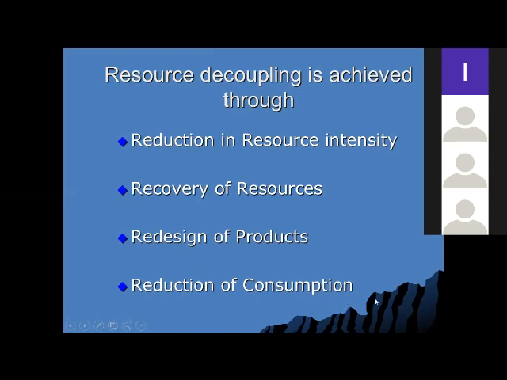This is just reduce. There is a way of reduction, not that we can consume, but there's a way of reduction. We'll see how it is. So these are the things that we need to do in order to do the decoupling of resources. Otherwise, it's going to be a problem in the future.